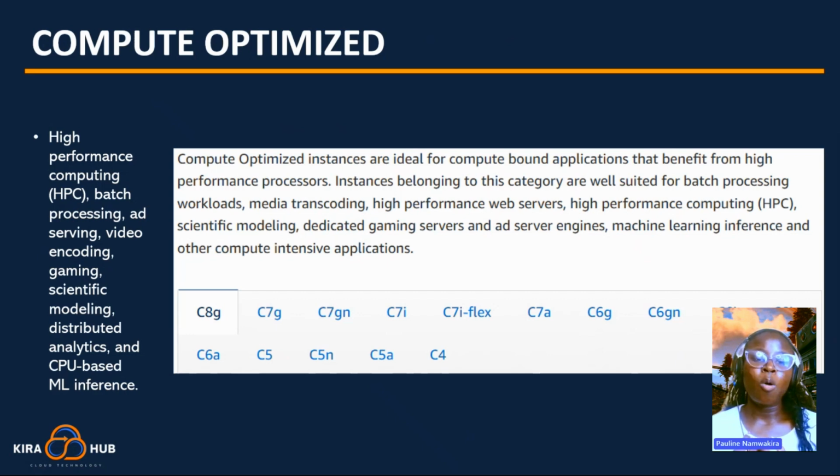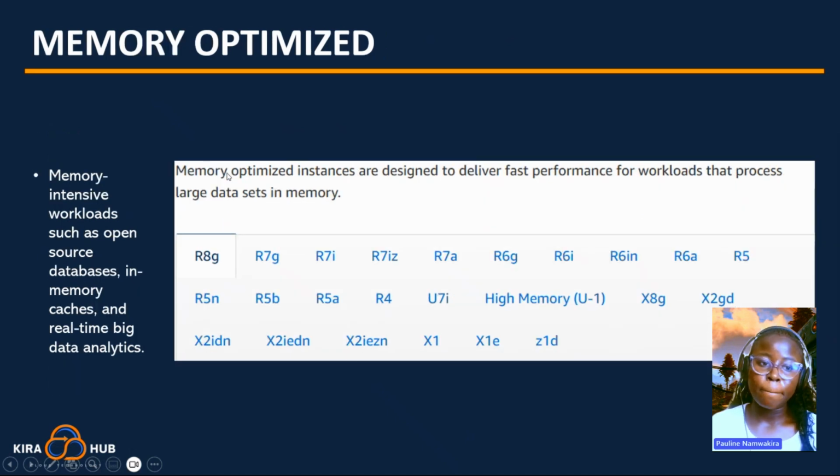All these require very high CPU, or they are very compute intensive. And the C family, C standing for compute. So the C family belongs to the compute optimized instances.